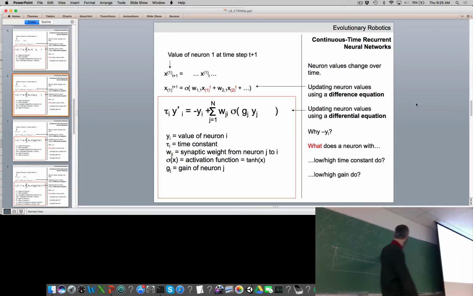So if this is our neuron here, and it's got a gain of 0, even if its synaptic weight is far from 0, it has no influence on the other neuron. We've basically silenced neuron J. Right? What happens if a neuron has a gain of 1 million? It's very loud now, right?